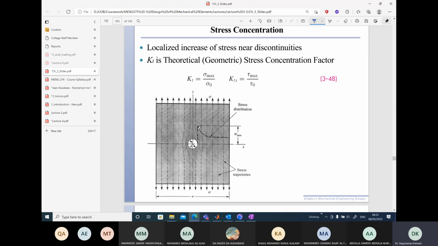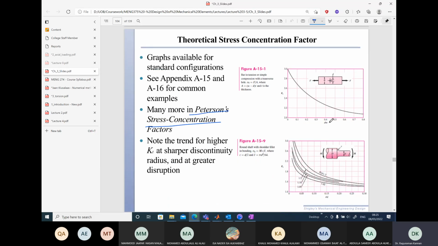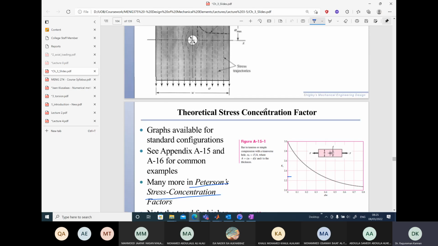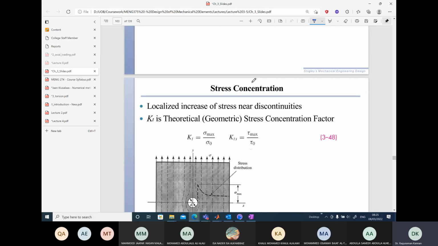So in the case of a plate, if you are given what is the diameter here and the width of the plate, based upon D and W values, you will find what is the ratio in your particular application, and then from the Peterson's graph, you can figure out what is the KT value. In this case, around, let's say, 2.3 approximately. And then we will use it here.